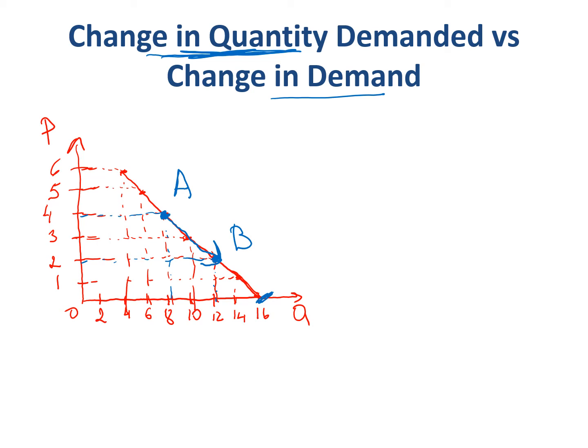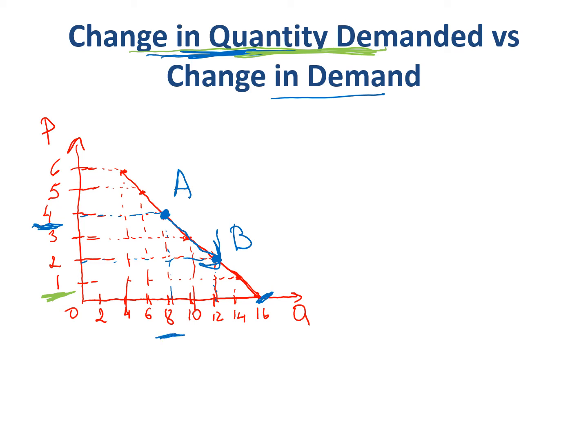The reason for this movement along the demand curve is that the price of the product is changing. When the price of the product changes, our quantity demanded changes. Let's suppose initially we were at point A. The price of the product was $4 and quantity demanded was equal to 8.